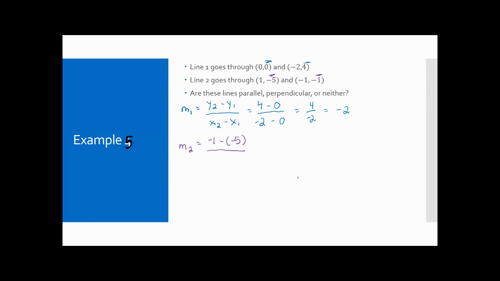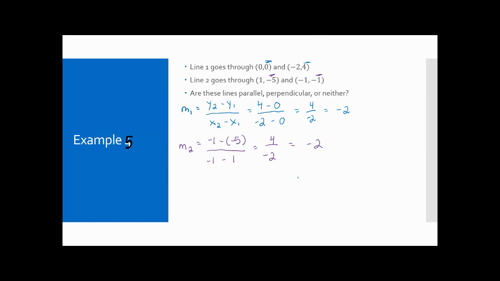And then our x values, we have negative 1 minus 1. Negative 1 minus negative 5 is the same as negative 1 plus 5. That gives us 4. Negative 1 minus 1 is negative 2. And when you divide those, 4 divided by negative 2, that gives you negative 2.